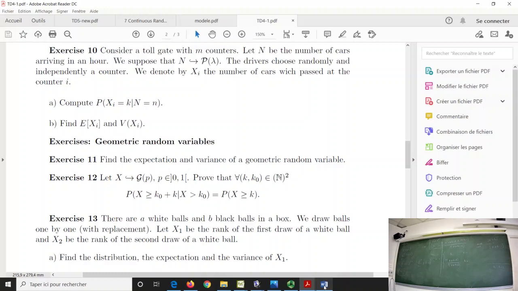And I see that these terms appear here. I have p and 1 minus p to the power j minus 1, and the sum of this one is 1, and so I obtain at the end 1 minus p to the power i minus 1.